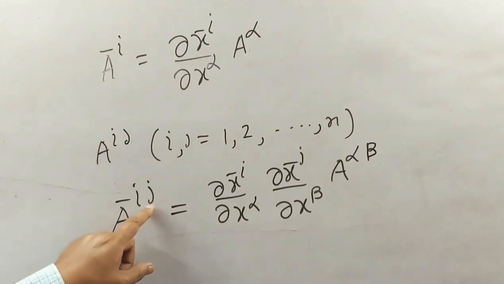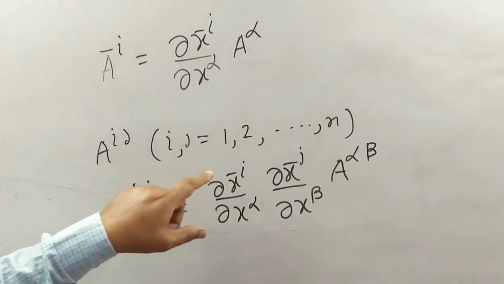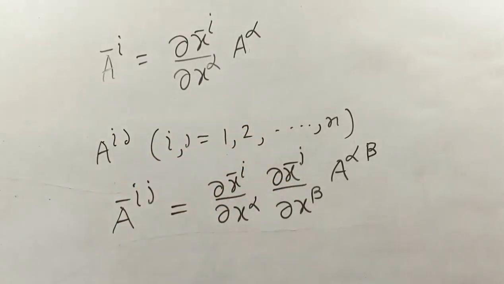Here i, j are superscripts, so x bar i and x bar j will be on the top position. This is the tensor law of transformation of contravariant tensor of rank 2.